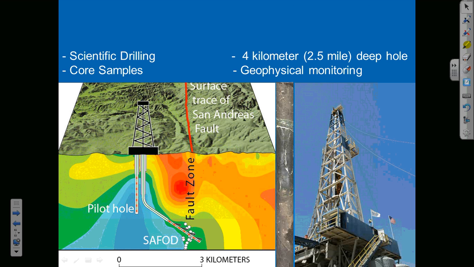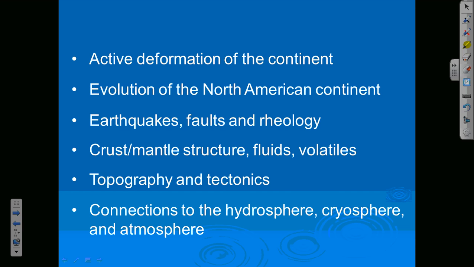There are different parts of EarthScope, and one part is drilling down into the San Andreas Fault Zone to understand the fracture mechanics of these zones. These are the goals of EarthScope: active deformation of the continent, earthquakes, faults, tectonics.